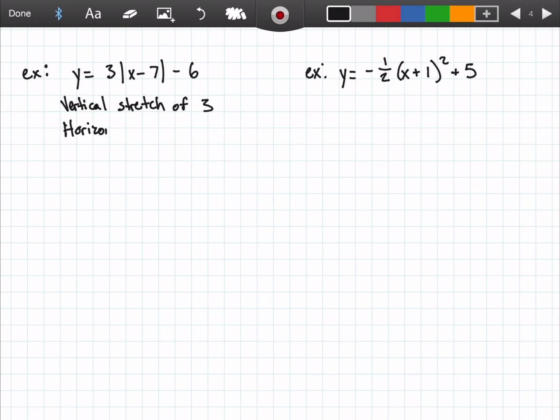And I see that there's a horizontal shift right 7, and a vertical shift down 6.